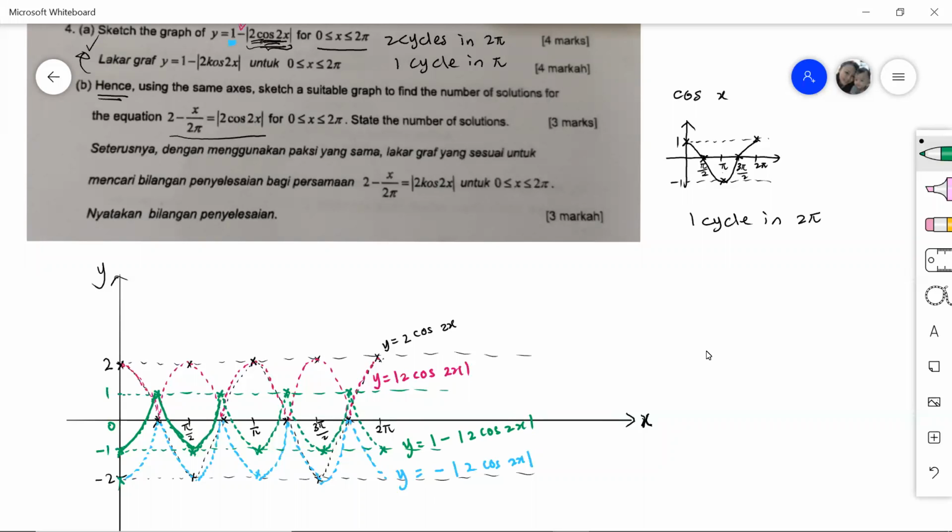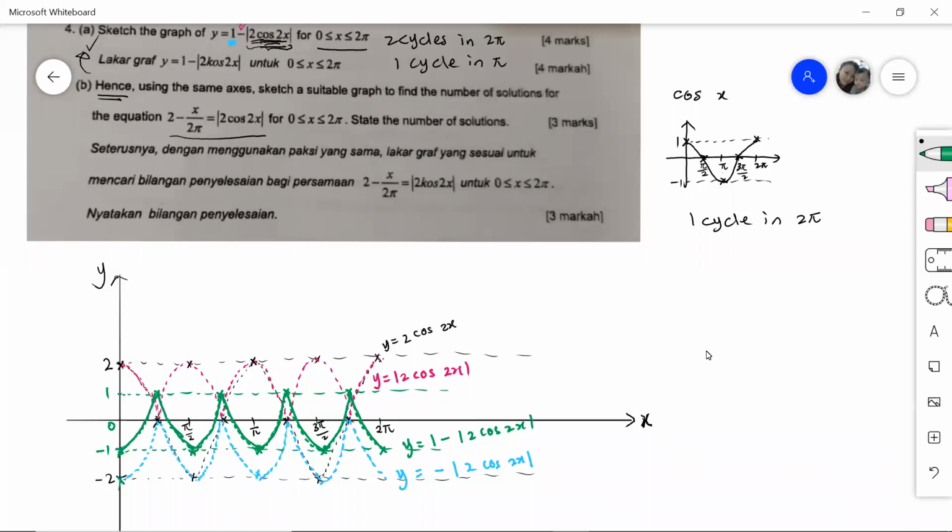Even though it's sketching, when you are drawing with pencil, not pen, make sure the line is a smooth line, no hairy line, even though they say sketch. It has to be a smooth graph. So the green one will be our answer.